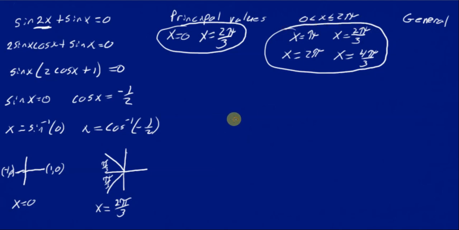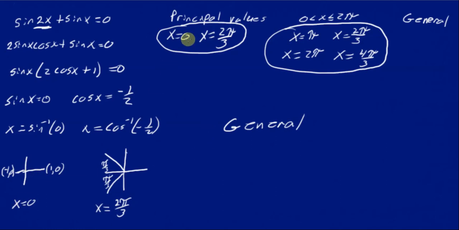The general form, I'll go ahead and put it down here. The general form says I want an expression that gives me every possible answer from negative infinity to positive infinity. So there's going to be one of two ways this is going to come. The two answers are going to be directly across from each other, just creating a straight line. Therefore, if I go from 0, add pi, I get to pi, add another pi, I get to 2 pi, add another pi, I get to 3 pi, add another pi, I get to 4 pi, that's going to pick up all the answers.